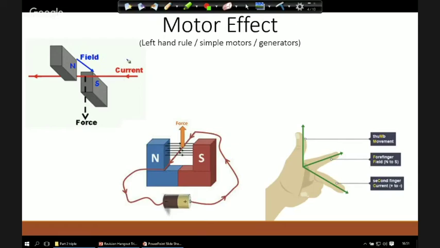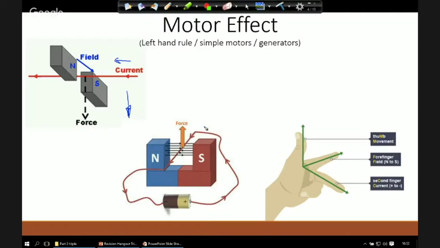We've got the current going to the left, so my second finger goes towards the left. So now you'll have, if you like, your toy gun upside down, and your thumb should be pointing down.